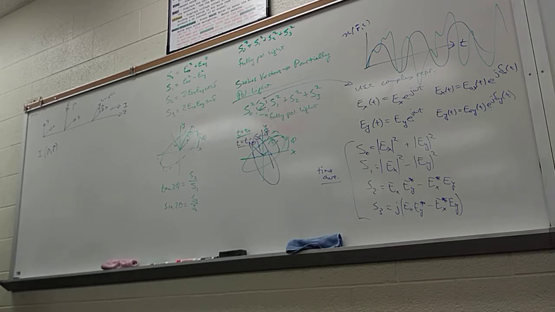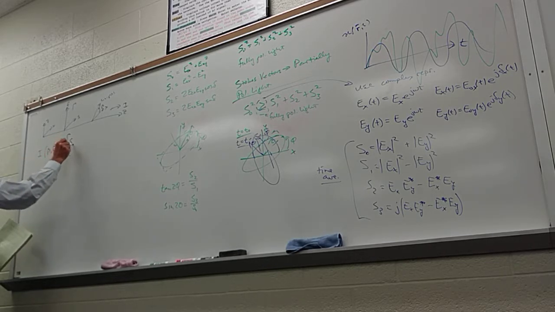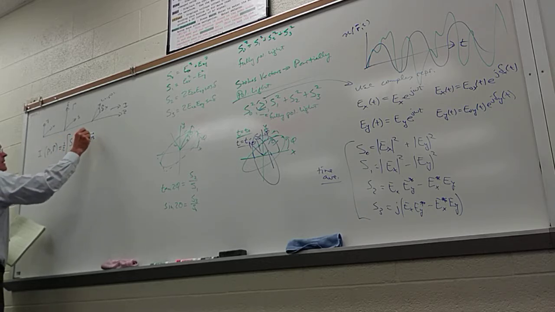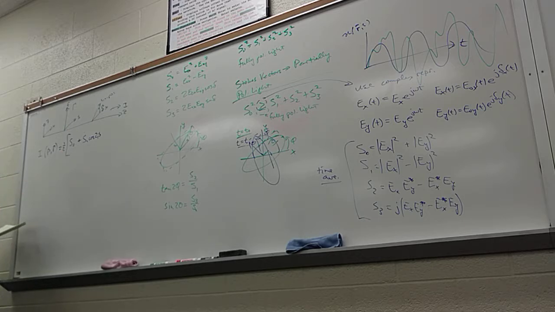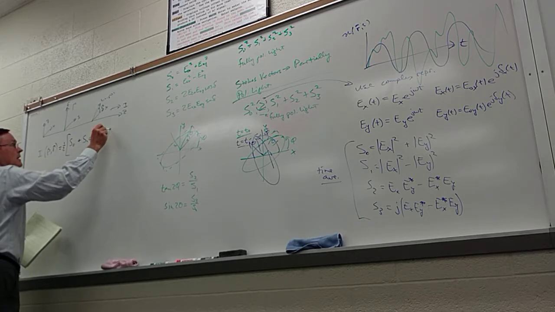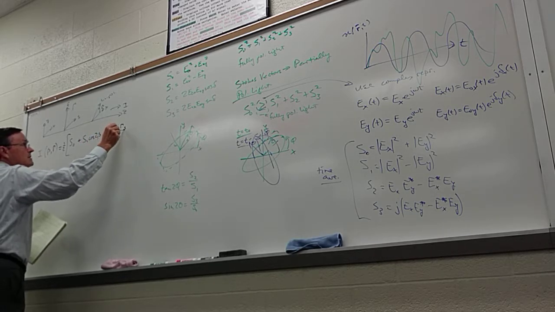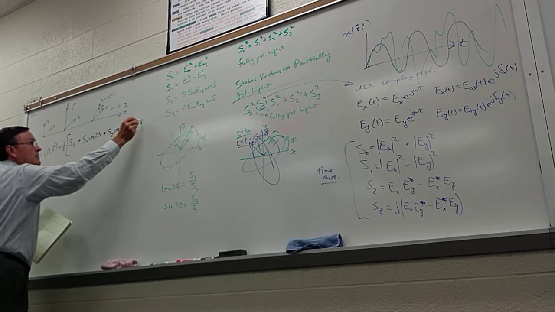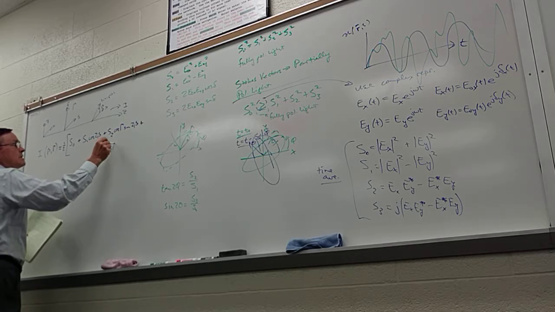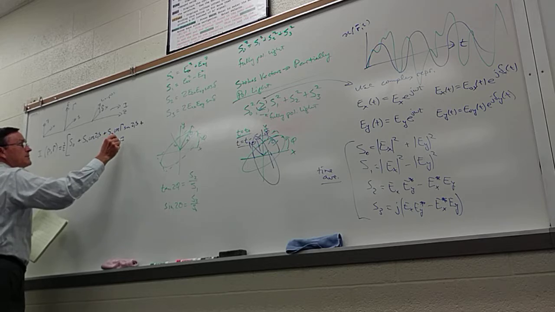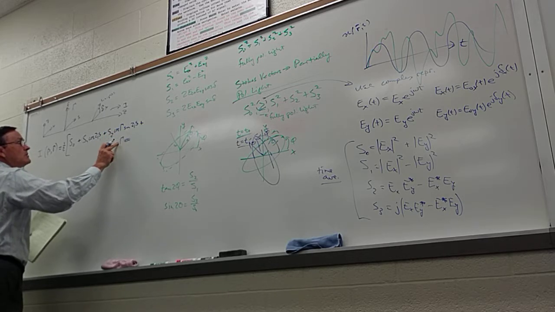If you do the math, it works out to be 1/2 quantity S0 plus S1 cosine of 2 beta plus S2 times cosine of gamma sine of 2 beta plus S3 sine of gamma sine of 2 beta.